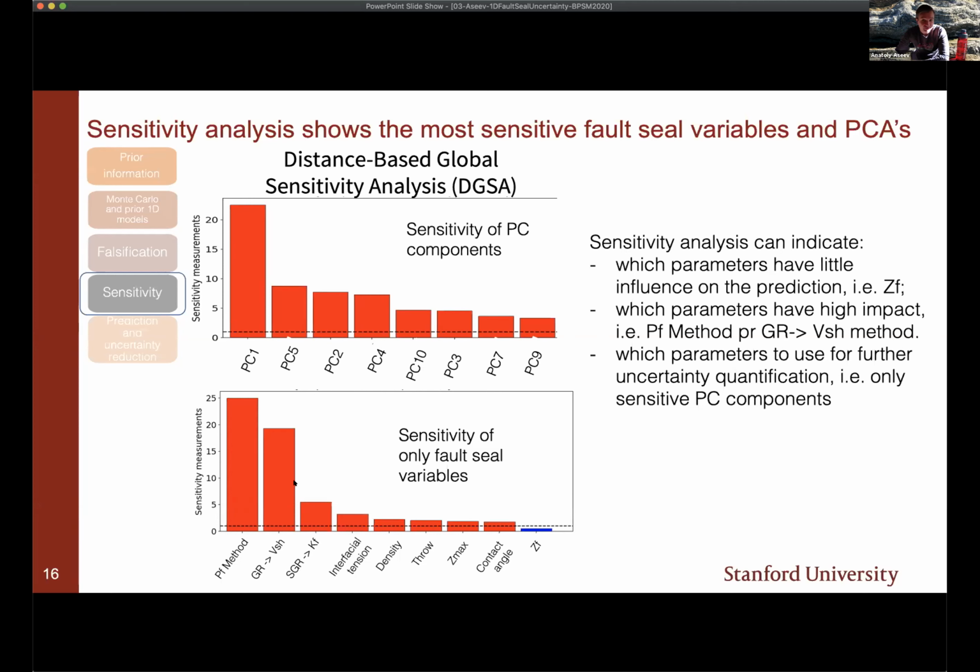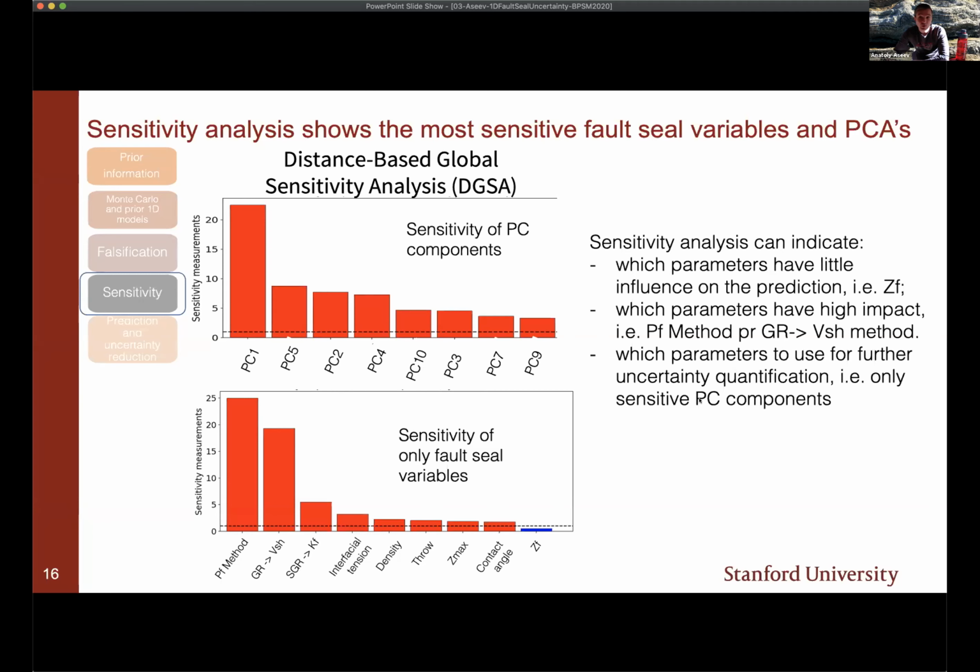DGSA shows relative sensitivity between parameters, and it does not imply that the other parameters are not important. They may bring lots of uncertainty and difference, but in combination, exactly when we use these two methods, it seems that these two pieces are the most important.